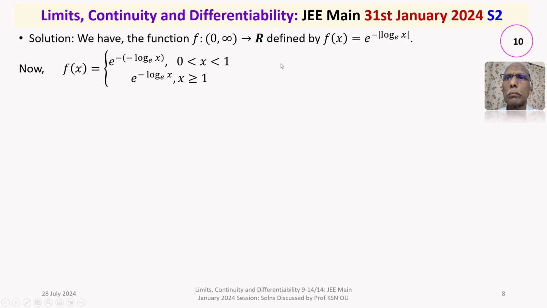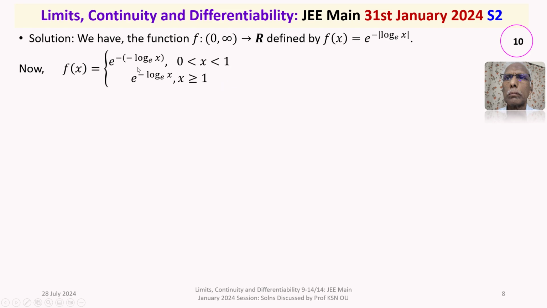So that is why in the open interval 0 to 1, mod of log x to the base e is minus of log x to the base e. And when x is greater than or equal to 1, it will be e power minus log of x to the base e, because log x to the base e is positive, greater than or equal to 0, when x is greater than or equal to 1.